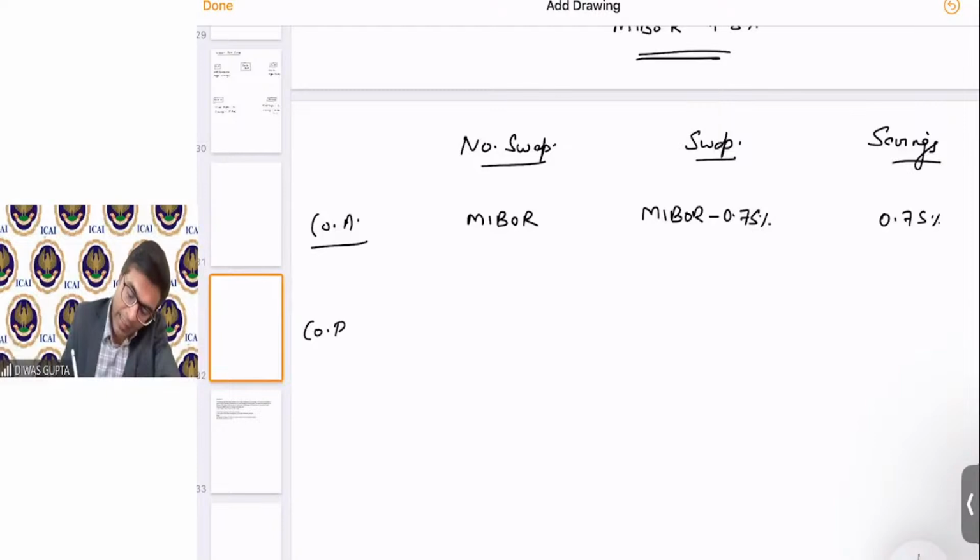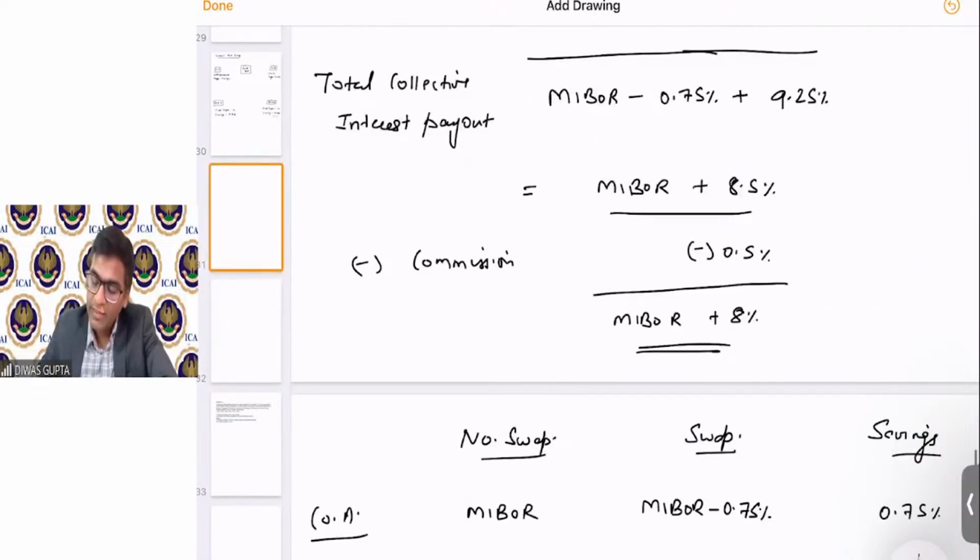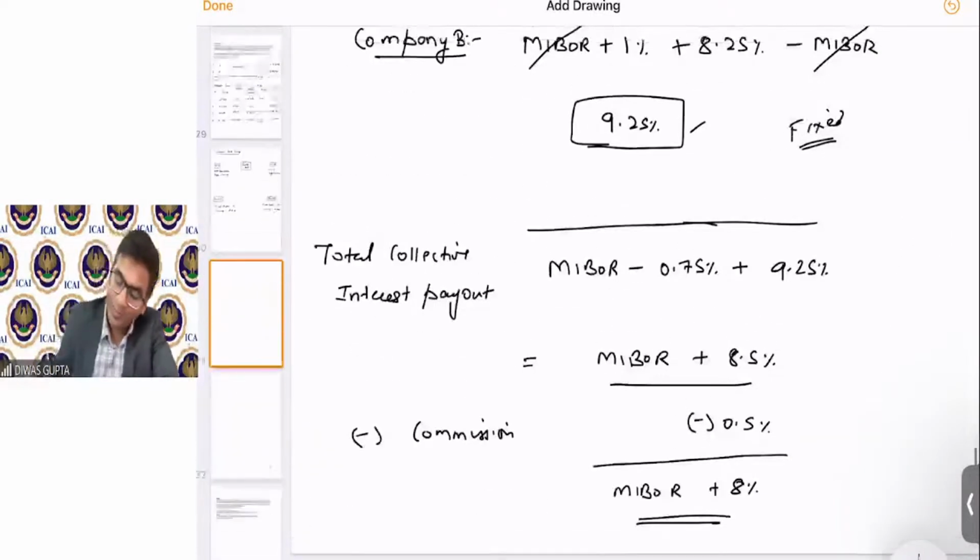Now, similarly, let's talk about Company B. Company B, had they not done any swap, would have borrowed at a fixed rate. The fixed rate quoted by Bank B to Company B was 10%. Since they have done the swap, the final effective rate has come out to be 9.25 for them.